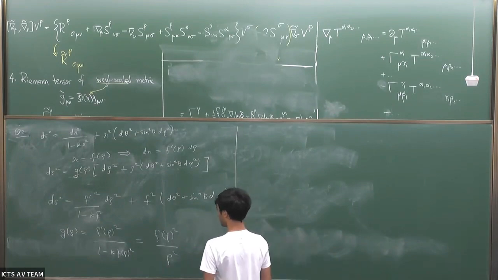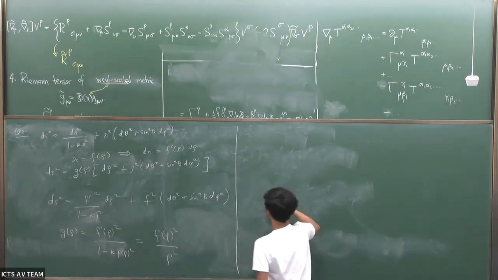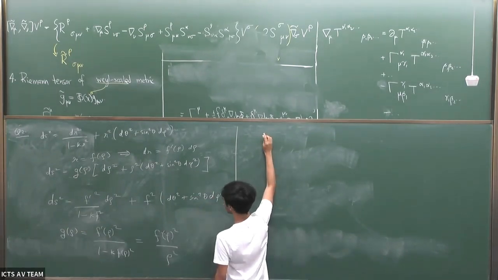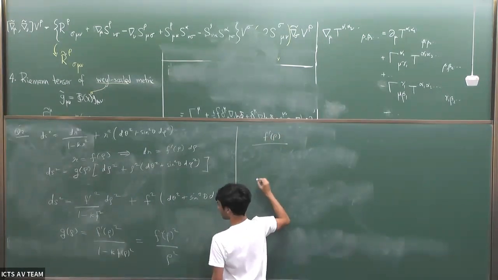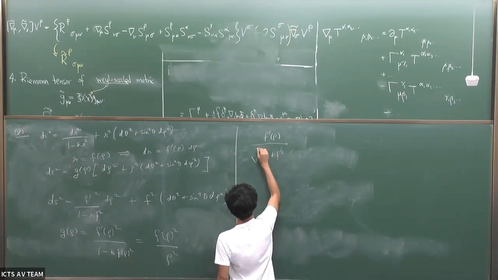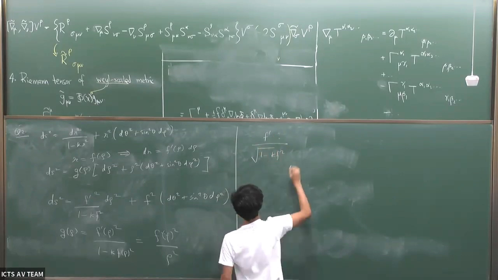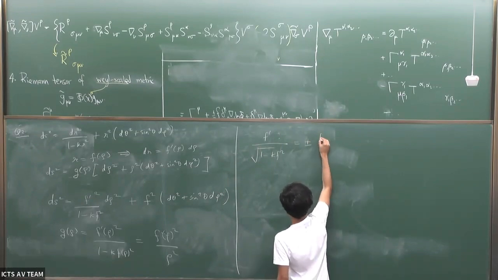Okay, so let's take a square root of this equation. So we have f′(ρ) divided by the square root of 1 − k f², equals plus or minus f over ρ.